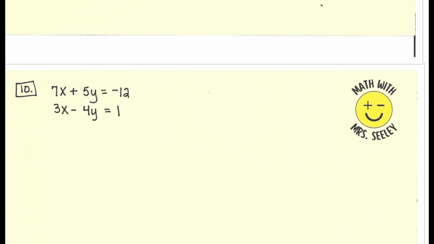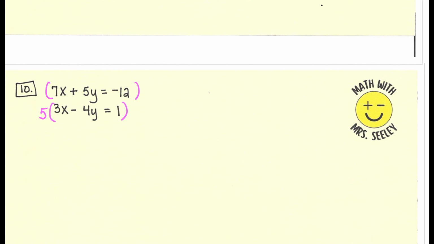Last one. Again, pause the video and try it on your own to see how you do. All right, so we're going to eliminate a variable. Because I already have a positive and a negative on those y's, I think those are the ones I'm going to choose. So I'm going to flip-flop. If I have a 5 in the top equation, I'll put a 5 in the bottom equation.